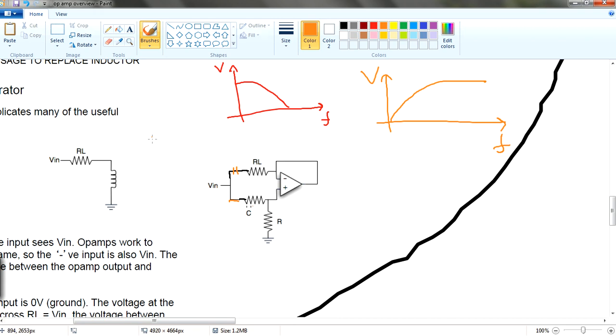If I have a low frequency, Xc equals 1 over 2 pi Fc. If I have a low frequency, 1 divided by 0.000001, or perhaps a zero frequency, I have infinite resistance, I mean reactance, over here. Let's say this is now infinity ohm, and the R load is maybe 10 ohm.